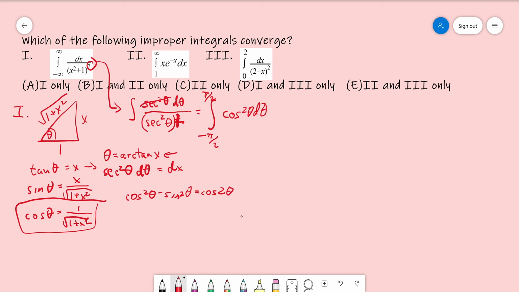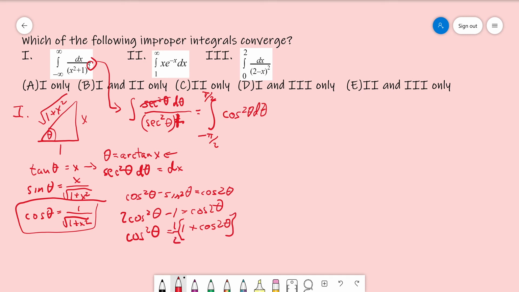So this is actually going to be 2 cosine squared theta minus 1 equals cosine 2 theta. And if we solve this for cosine squared theta, we'll get cosine squared theta is equal to 1 plus cosine 2 theta, all of this times 1/2.